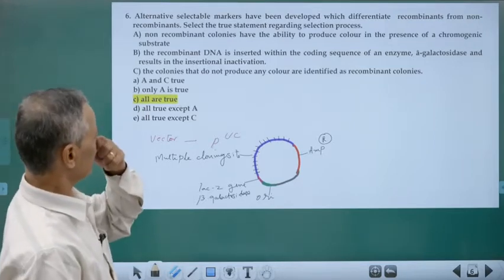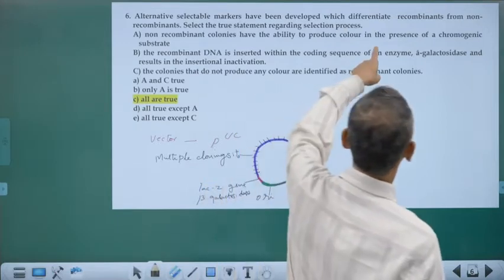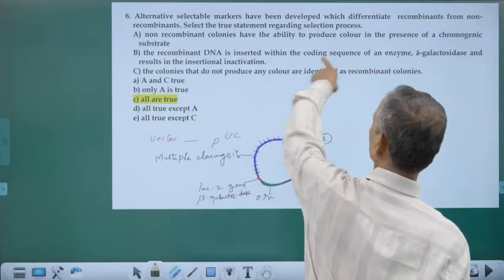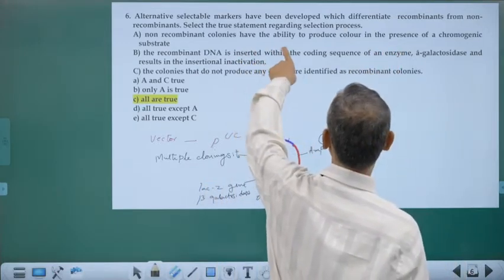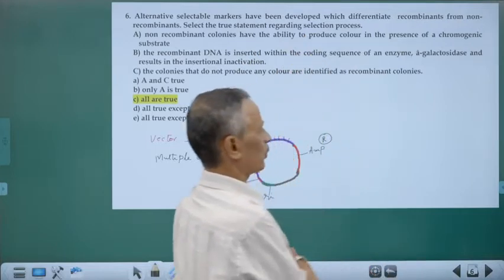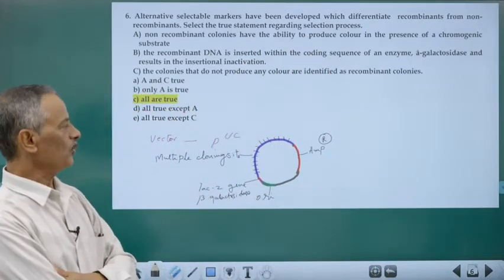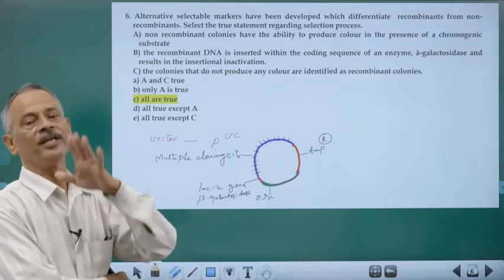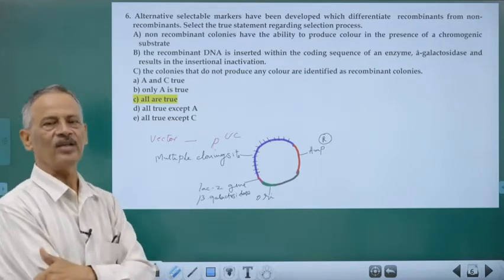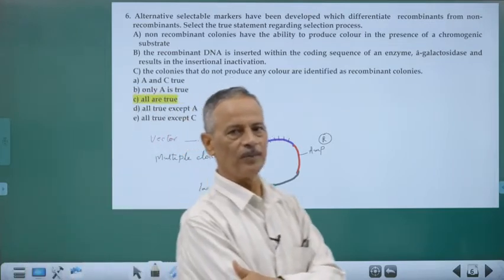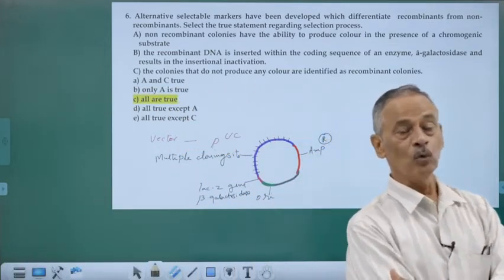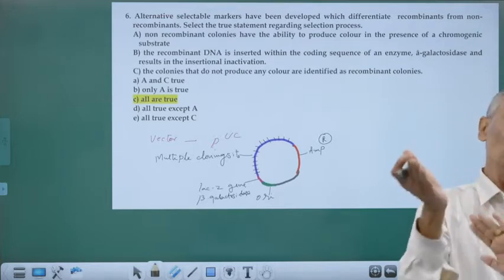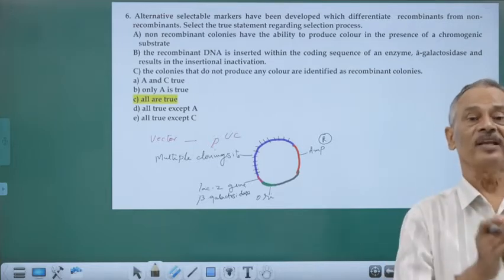And regarding that, which differentiates recombinant from non-recombinant, select the true statement regarding the selection procedure. Suppose you are using this one, you have to culture in a medium, only in one. That is the advantage. If you are using pBR322, we have to culture in two media simultaneously.